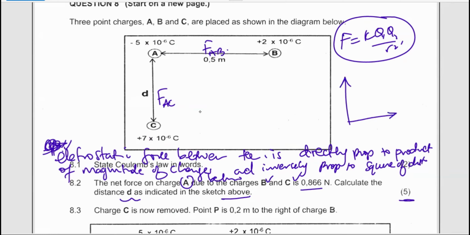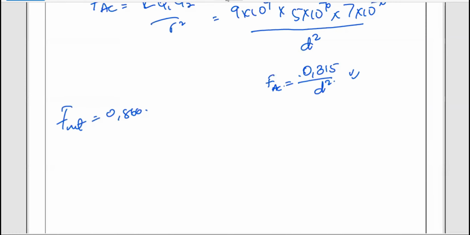So the F horizontal and the F vertical. If this is 0.315 over d squared, and this is 0.36, let's use the theorem of Pythagoras. Is it Pythagoras? Yes. We're going to use Pythagoras and then proceed to get the net force and do the substitution as required.